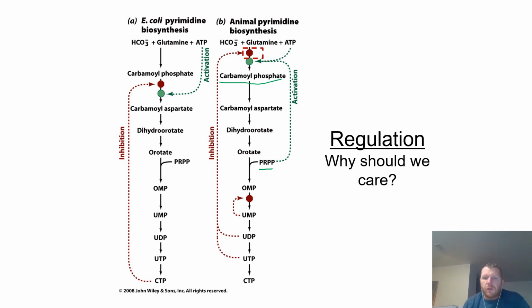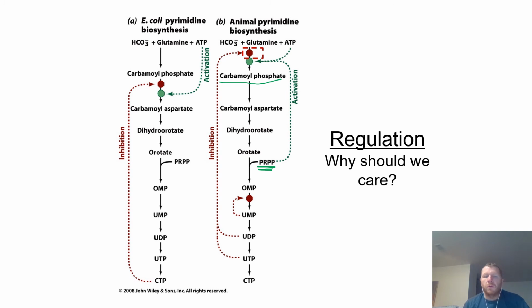Now, in addition to that, is this PRPP, which is going to activate that enzyme as well. So this is kind of an additional driver of, hey, if PRPP is present, we definitely need to get to orotate so that we can make OMP. Okay. Now, if we look at inhibitors, the same step that's activated by ATP in E. coli is going to be inhibited by CTP.